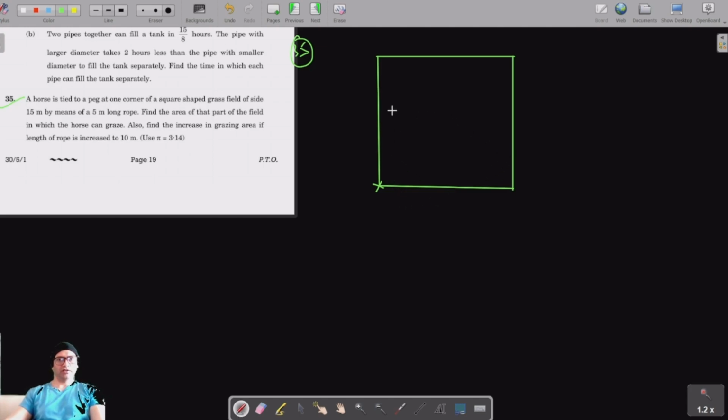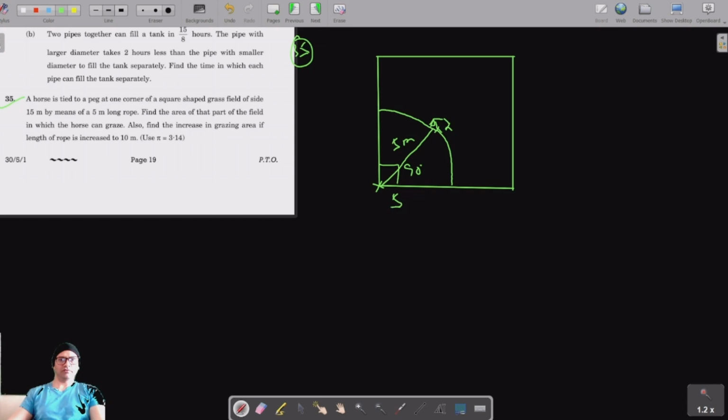Let's say this is the horse. So it's tied to a 5-meter long rope. This is the area where the horse can graze, which is in the shape of a quadrant and has angle 90 degrees.